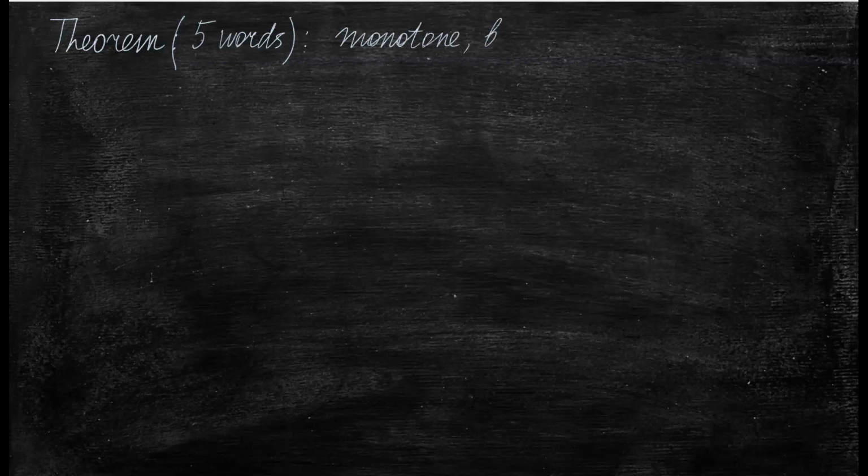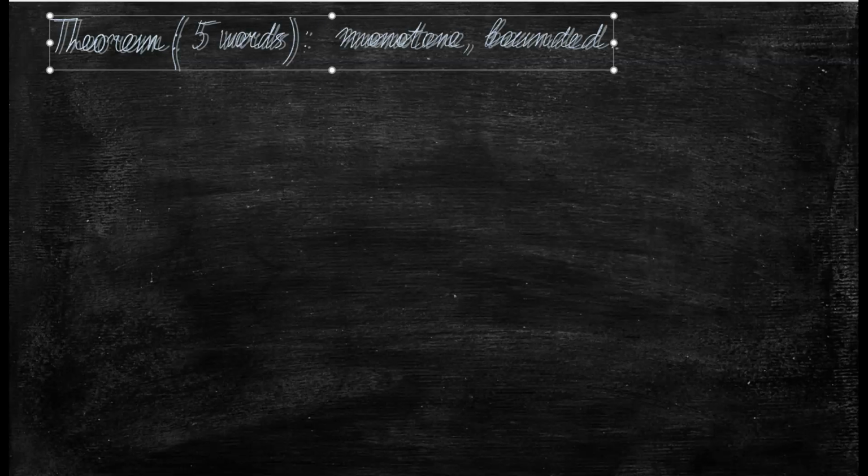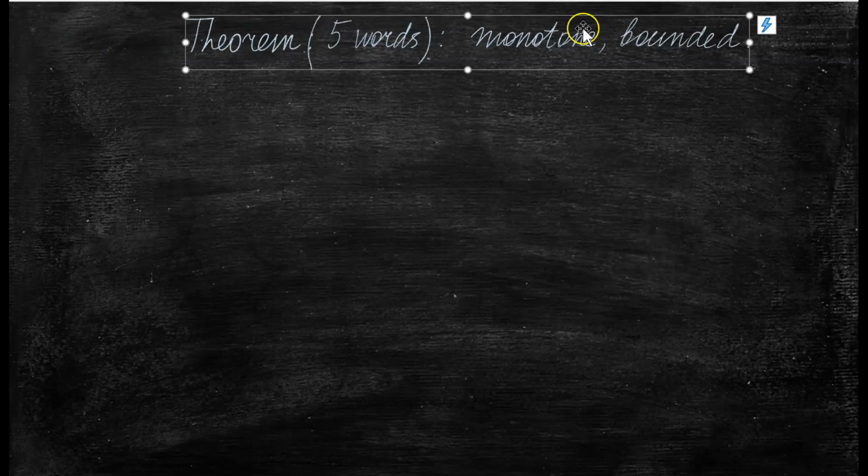We have to understand what a bounded sequence is. And as soon as we understand these 2 terms, we'll be able to state this theorem and use it to investigate the convergence of a sequence that is defined recursively.